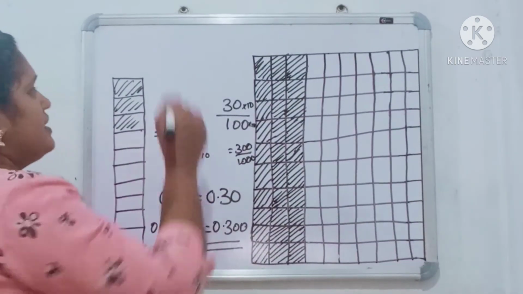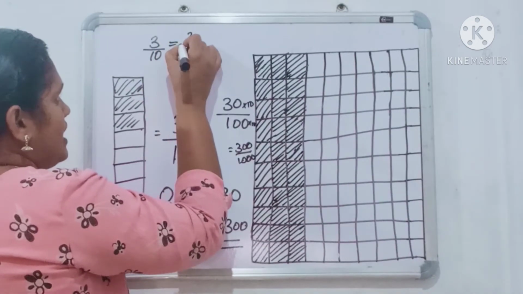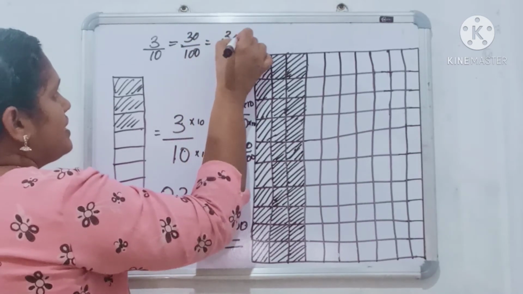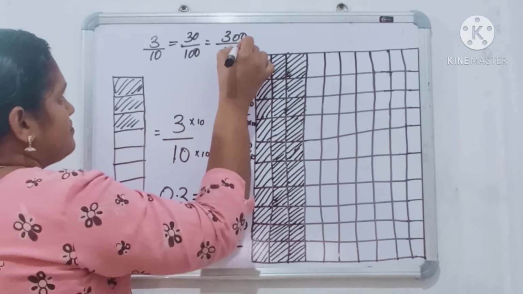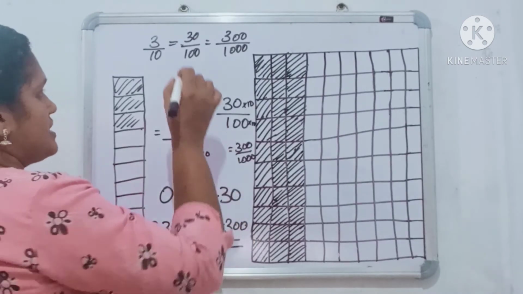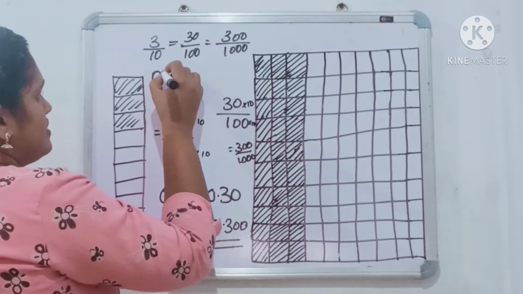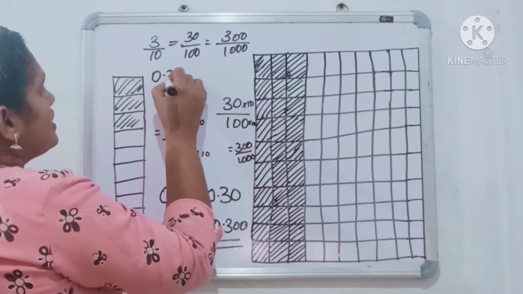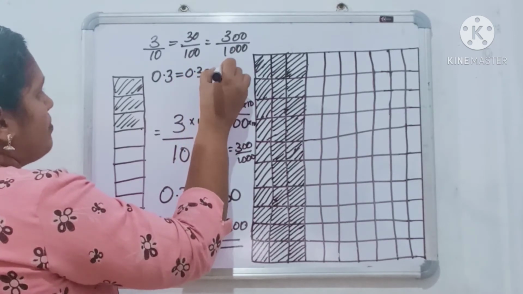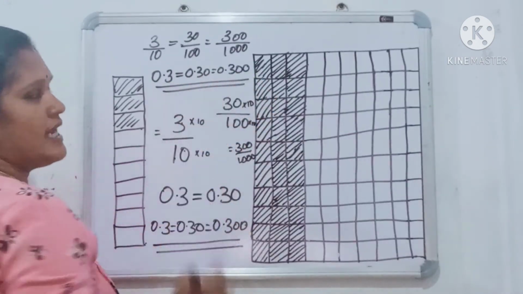Here 3 by 10 equals 30 by 100 equals 300 by 1000. They are equivalent decimal fractions. The corresponding decimal number is 0.3 equals 0.30 equals 0.300. They are equivalent decimals.